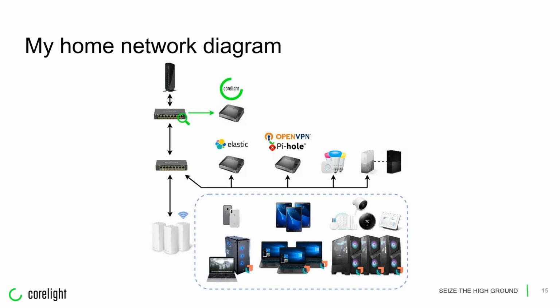The main reason for that is that I wanted to be able to see the ingress and egress traffic across my entire network. I don't really see individual devices communicating with one another, but what I'm able to pick up from this point is that public IP that I'm assigned from my ISP and what it's reaching out to, who it's communicating with, and who's communicating with me directly.